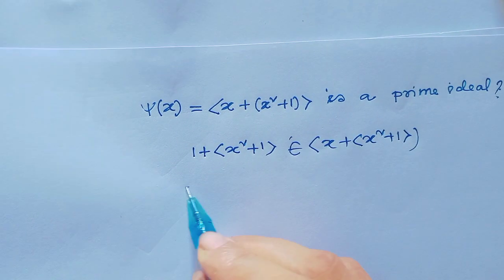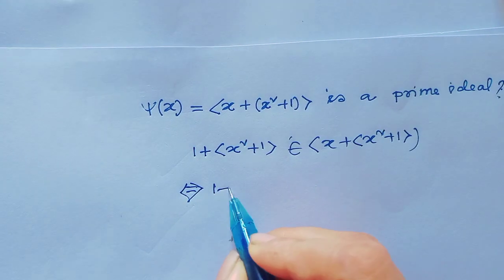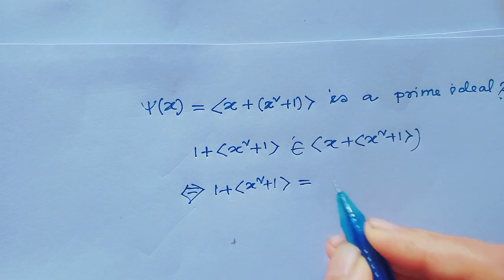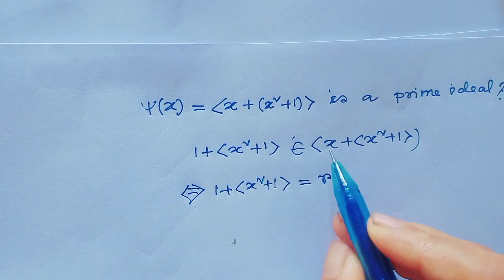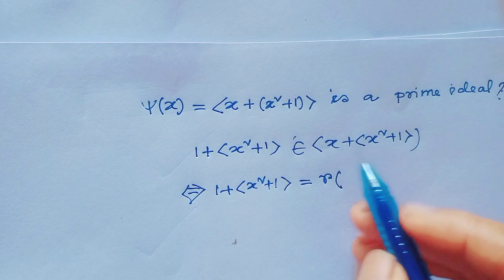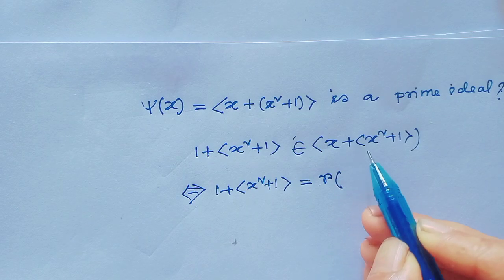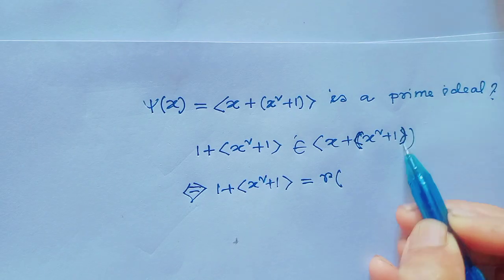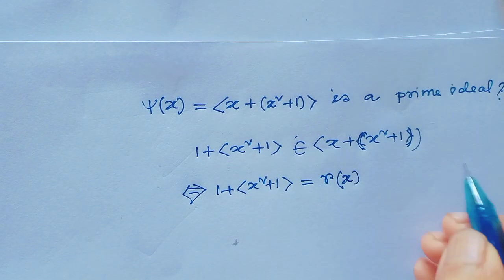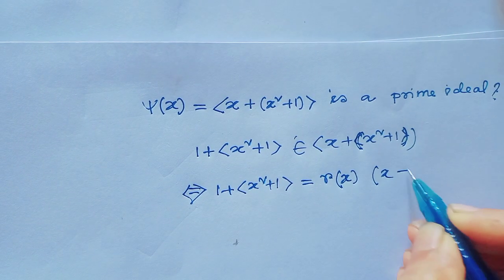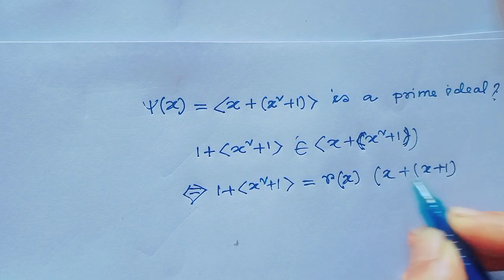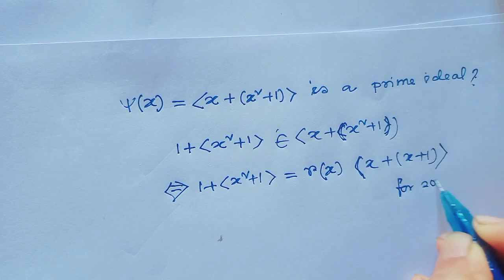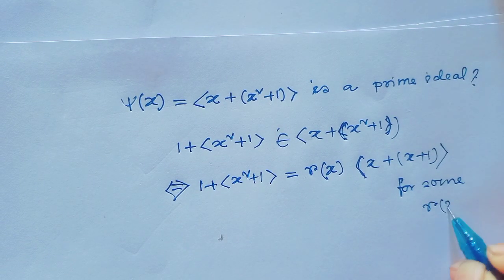That means, if and only if, 1 plus the ideal generated by x square plus 1 is equal to some polynomial times, since this is the ideal generated by x plus x square plus 1, so this would be R(x) times x plus x square plus 1, for some R(x) belongs to Z[x].